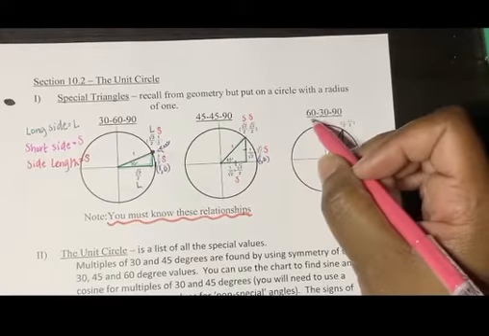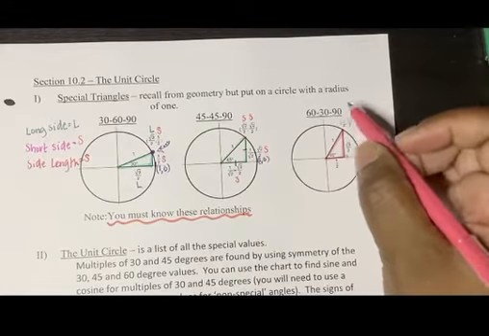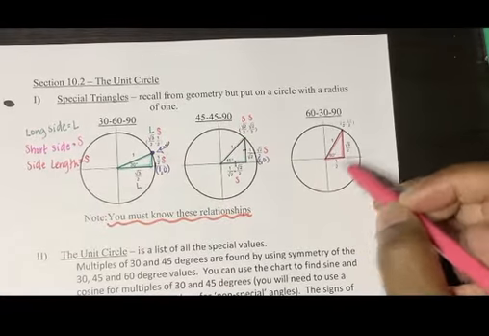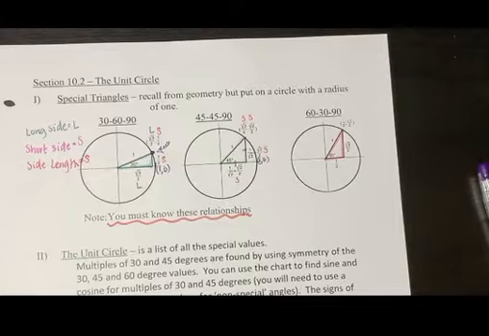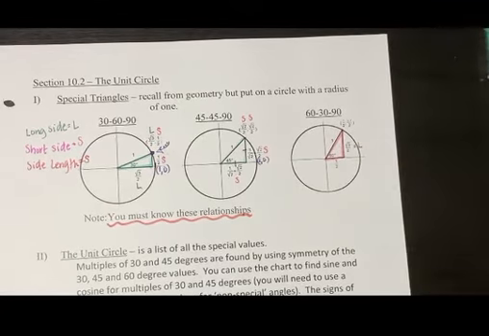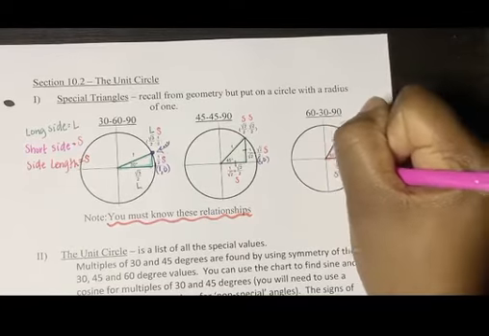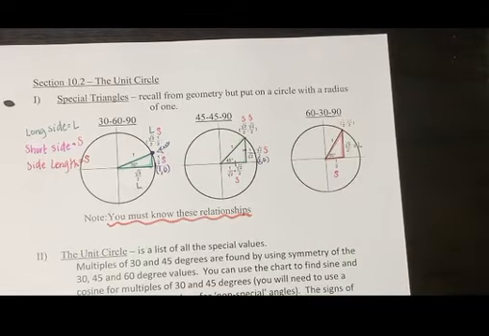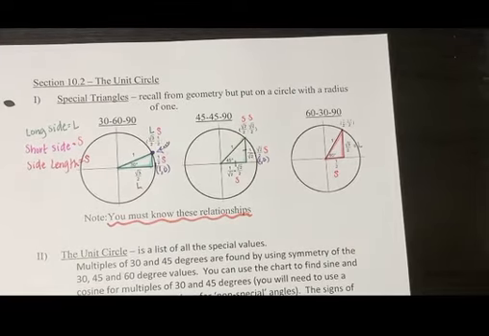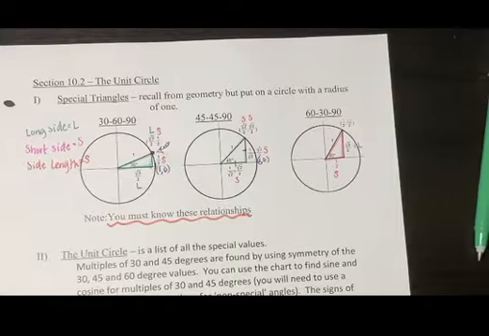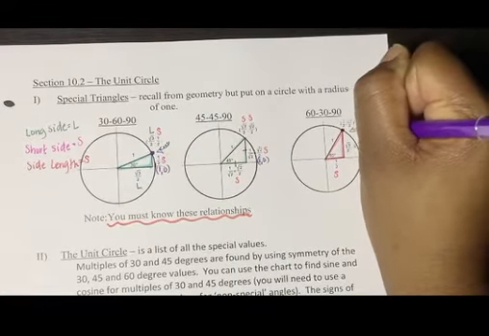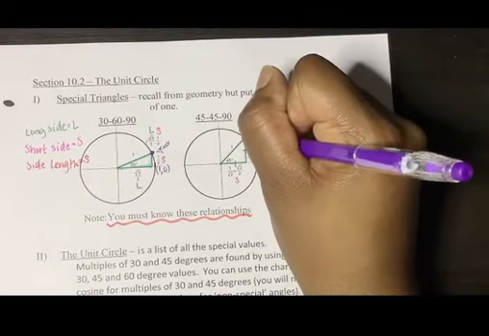Then if we're looking at the 60-30-90 triangle, this is just a different direction of laying this one. In this case, this one is the long side, and this one is the short side. And we're going to look at those two. To get this value here, remember we're looking at this point here. And for this one, we're looking at this point here.